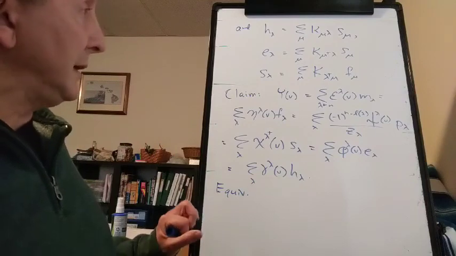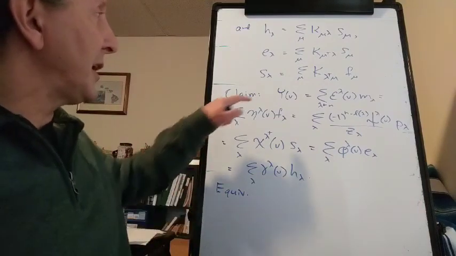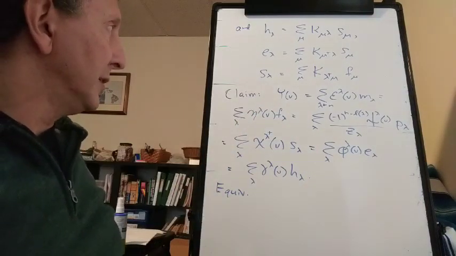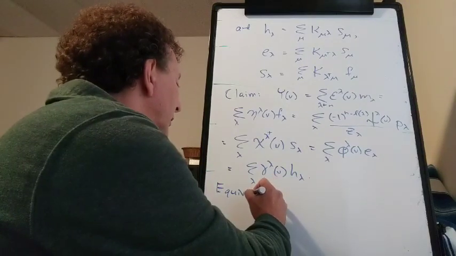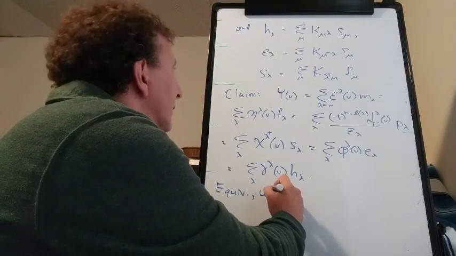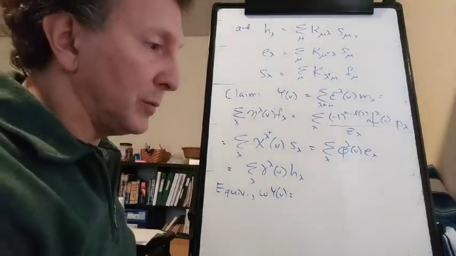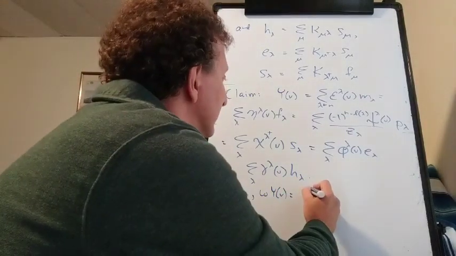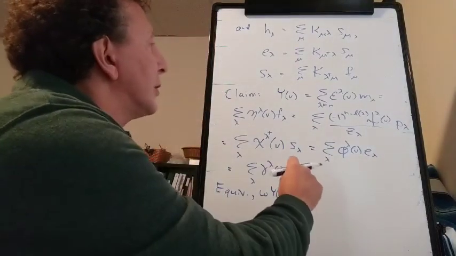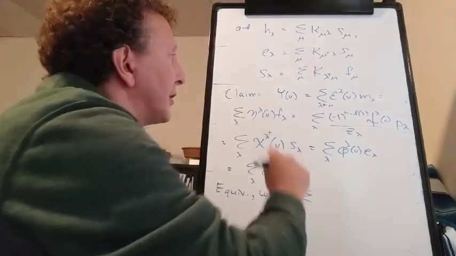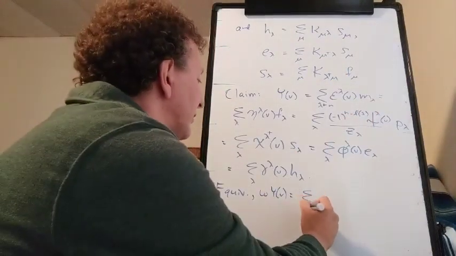Now, it's actually easier to prove this if we apply the omega involution to y of v. So equivalently, omega y of v is equal to, so the monomial symmetric functions go to the forgotten symmetric functions.